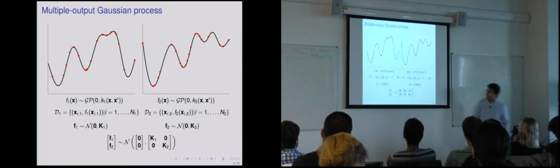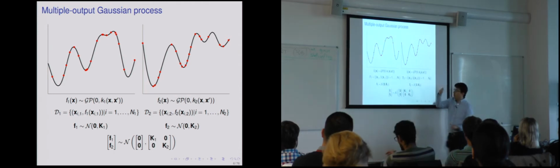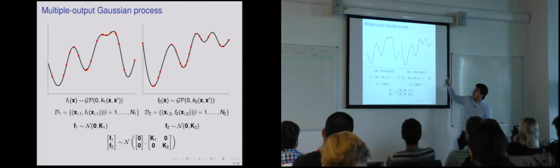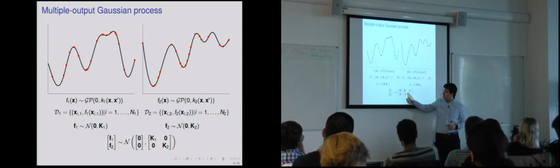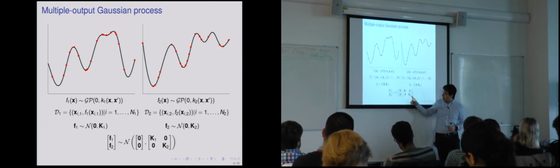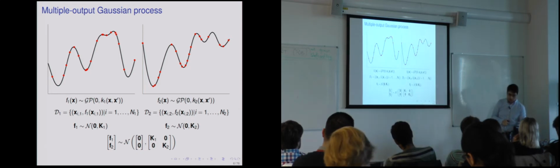Right? So what I do is create a larger vector F that has vectors F1 and F2 stacked. And since I am assuming that these two processes are independent, the blocks outside the main diagonal are going to be 0, because the dependency between them is just 0.